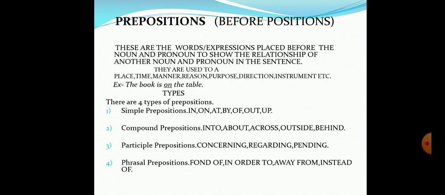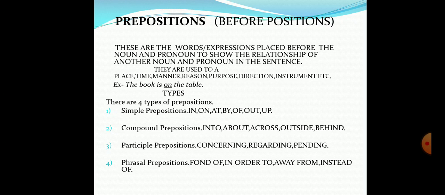For example, the book is on the table. In this sentence, the book is a noun, the table is also a noun, and on is a preposition here. Just look at the relationship it indicates.